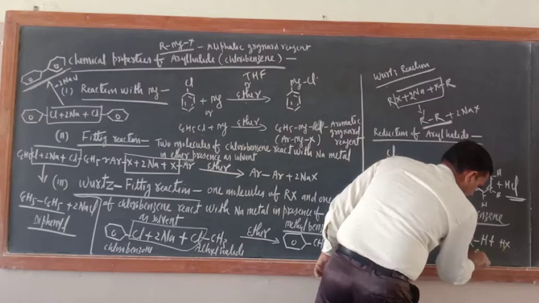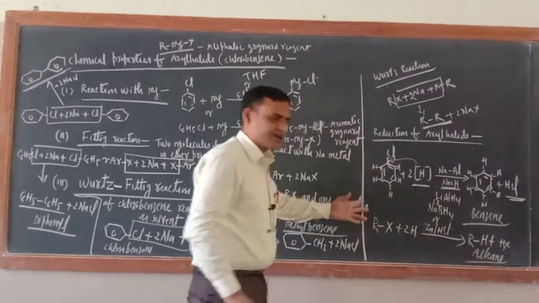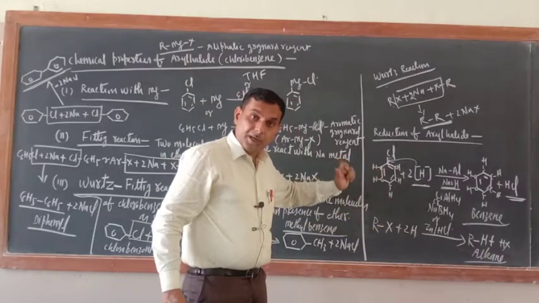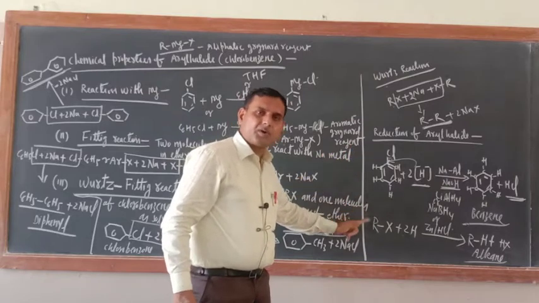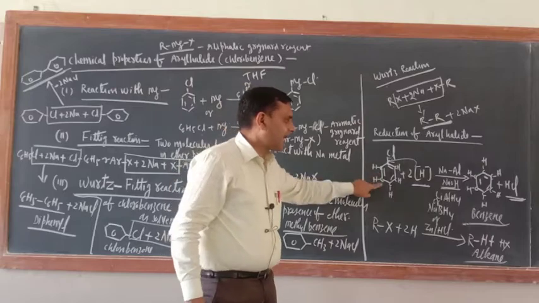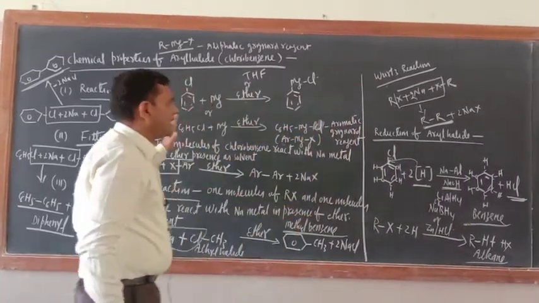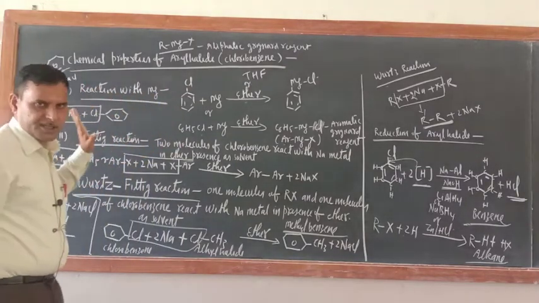What is this one? Alkane. This is actually a comparative study. Now alkyl halide I have already completed, so I am drawing here the similarity between aryl halide and alkyl halide. The reduction product of alkyl halide is alkane, the reduction product of aryl halide is benzene. Okay, in this way this chemical property is completed, and you should remember all these reactions.